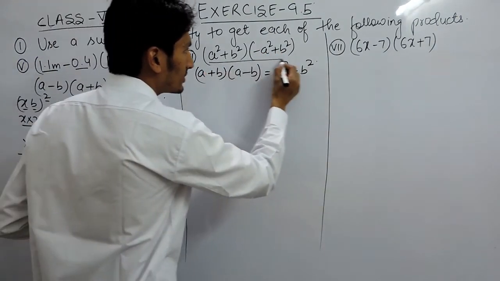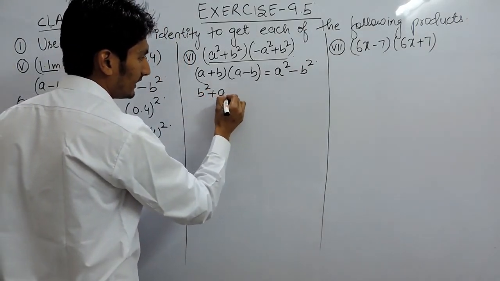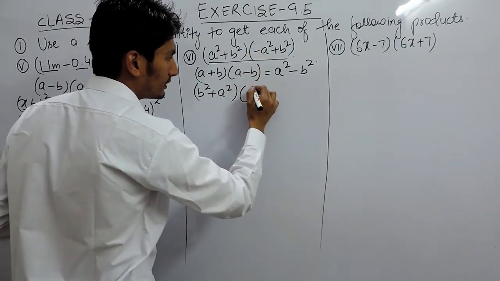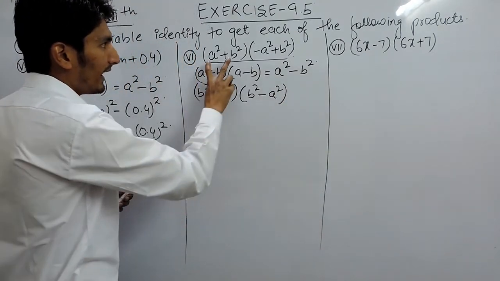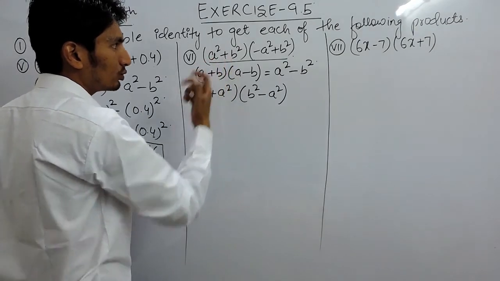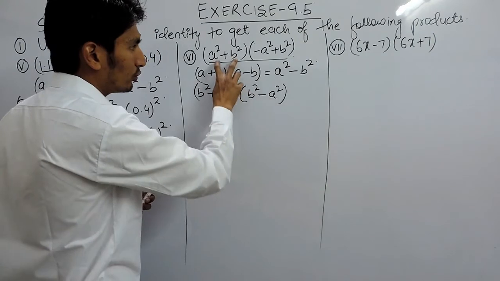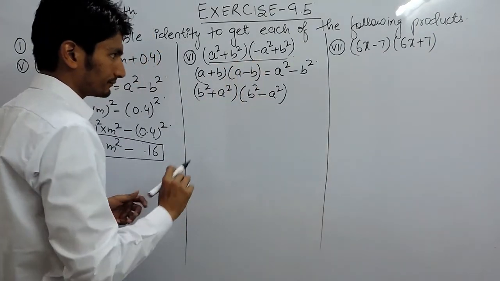So this expression can also be written as b square plus a square, and this can be written as b square minus a square. I just have replaced these two terms with each other. There would be no change in the sign. The sign will remain the same.